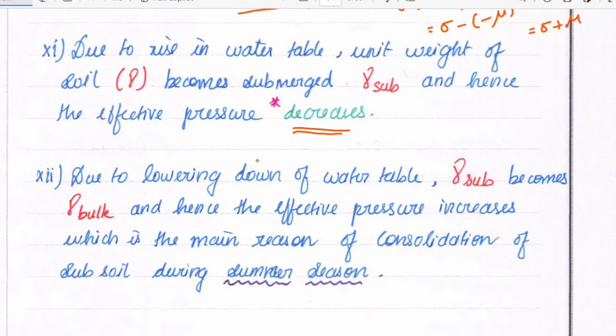Then, due to lowering of the water table in summer, gamma submerged becomes the gamma bulk unit weight. Hence the effective pressure increases, which is the main reason for consolidation of the subsoil during the summer season. So during the summer season the subsoil will be consolidated. That's the main reason over here.